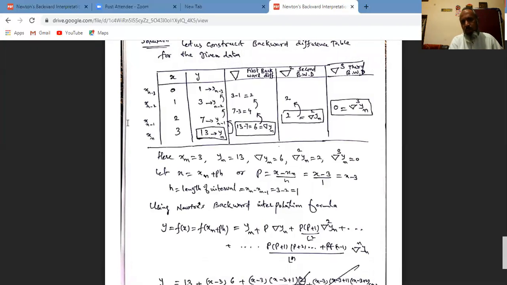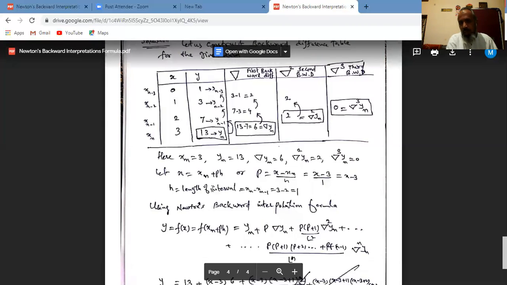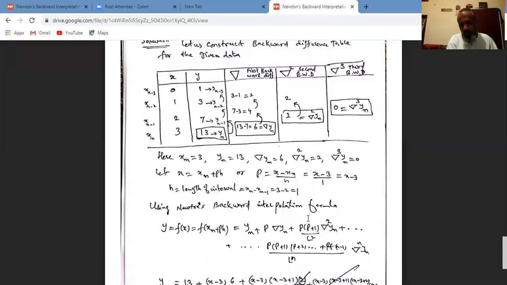In backward differences, the formula will be f of x is equal to yn plus p into nabla yn plus p into (p plus 1) by factorial 2 nabla square yn. In forward, there will be p into (p minus 1), p into (p minus 1) (p minus 2) by factorial 3 del cube y0. In the backward interpolation formula, there will be positive signs and backward differences. So all other steps are the same.